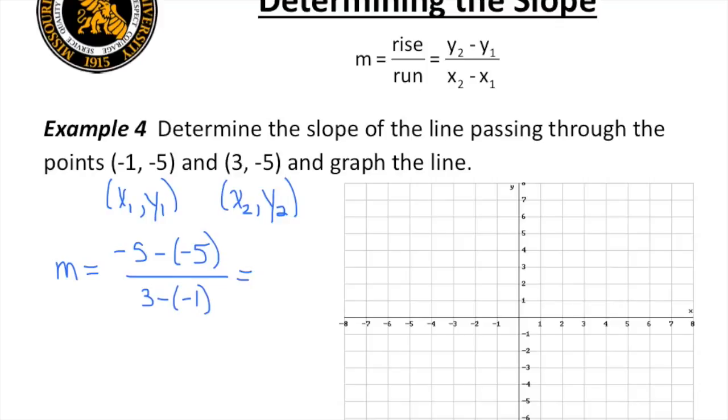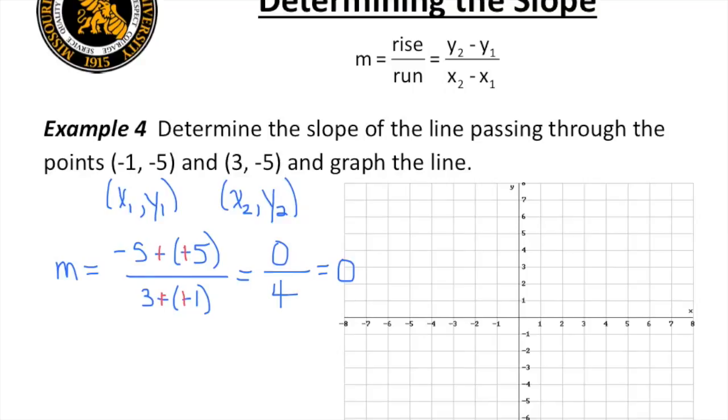When we subtract a negative, that becomes addition. So our numerator is now -5 plus 5, or 0. In the denominator, we end up with 3 plus 1, or 4. 0 divided by 4 is 0. So we have found that the line that passes through these 2 given points has a slope of 0.